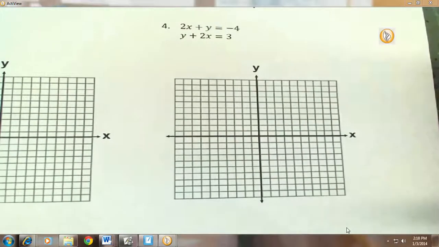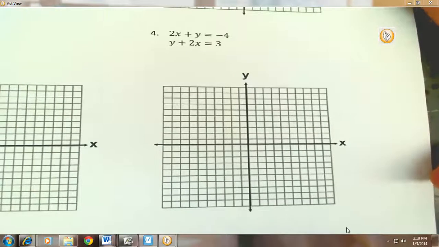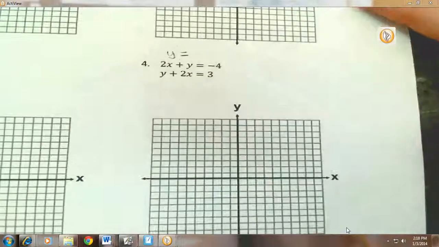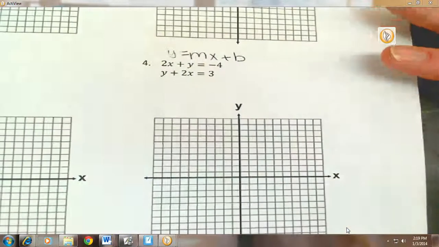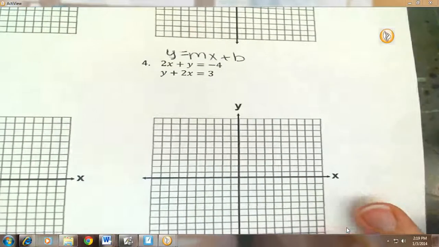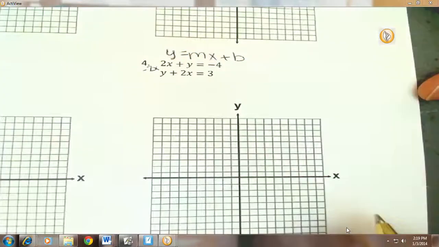In problem number 4, the very first thing we need to do is put our equations into slope-intercept form. Remember, slope-intercept form is y equals mx plus b. In our first equation, we are going to need to subtract 2x from both sides.